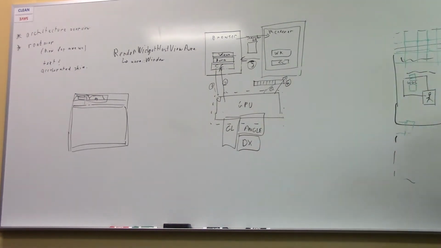So at least in theory, it should not be a scheduled paint. It should be an invalidate rect or something like that, which does the scheduled draw.